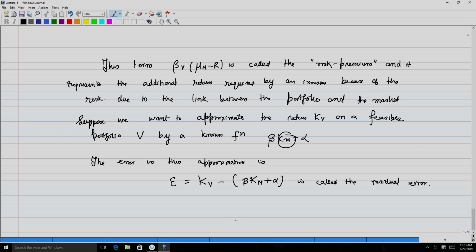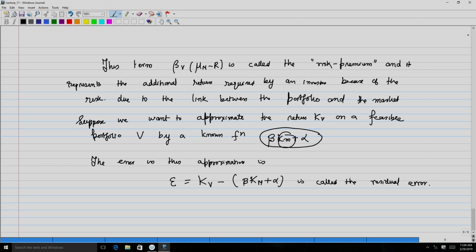So, essentially what I am saying here is that you want to figure out a model for the return k v of the portfolio V by a model of beta into k m plus alpha, and you want to ascertain what your beta and alpha are going to be, and accordingly you define this particular error, and the goal is to minimize this error between the value of k v and the known function that you have asserted.